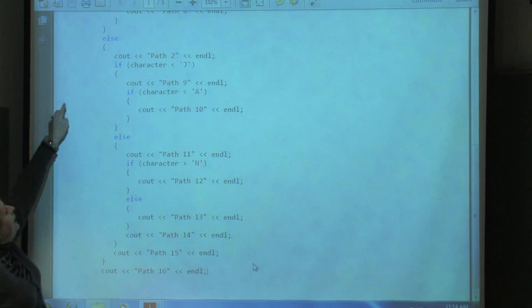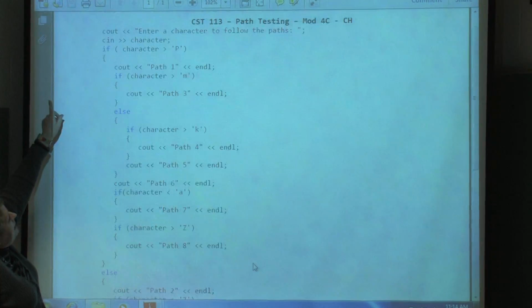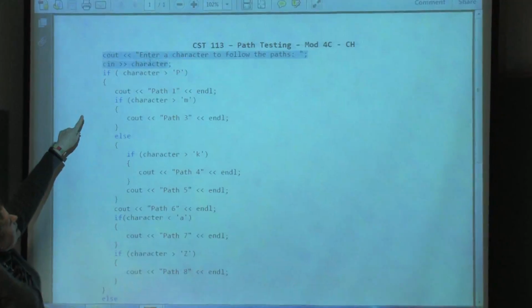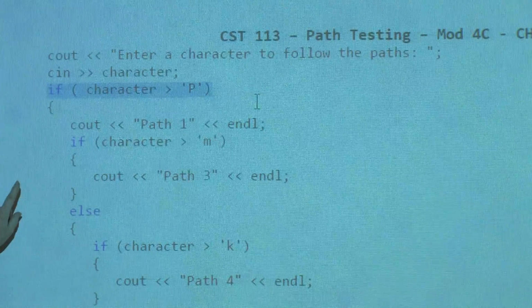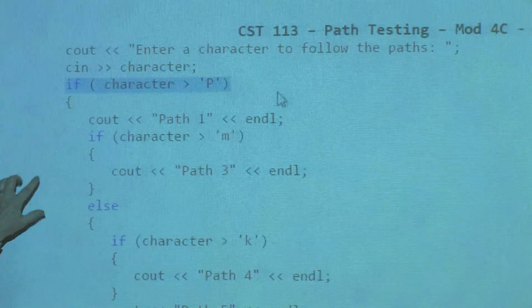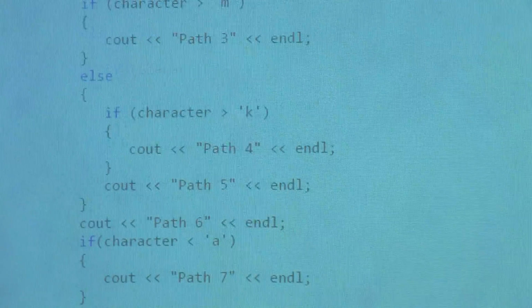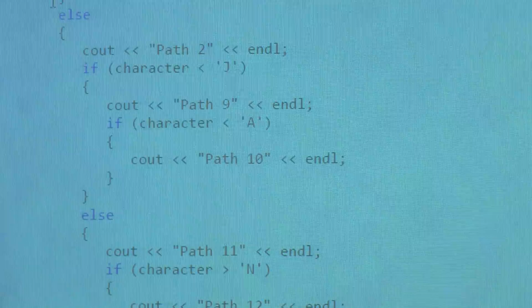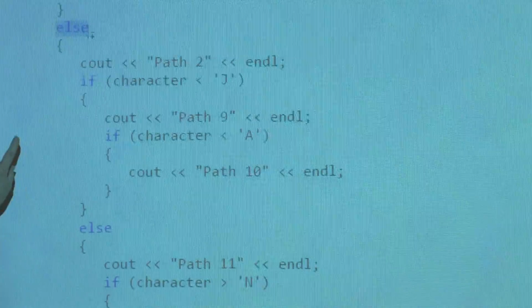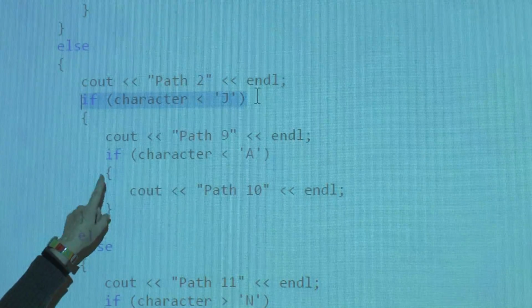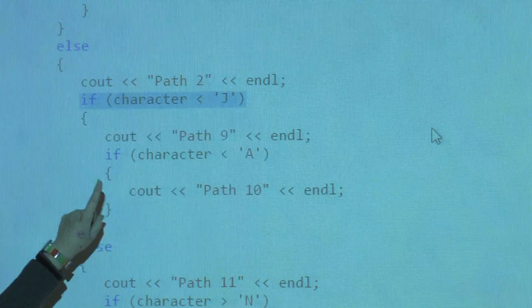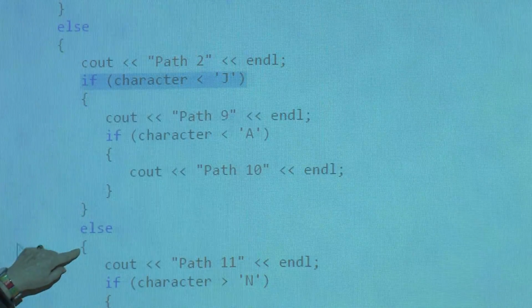Now let me just walk through it quickly. You highlight each line. Okay, from the top. If I enter a character, I enter capital P, is the P greater than P? No. So we go all the way down to this else. Okay, so we print out path 2. Is a capital P less than a J? No. So we go to this else.